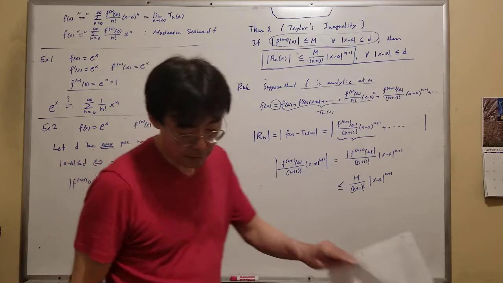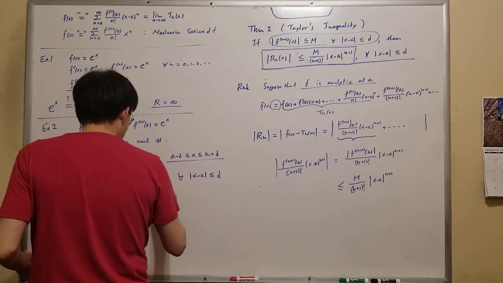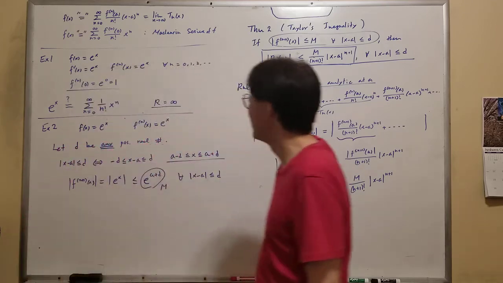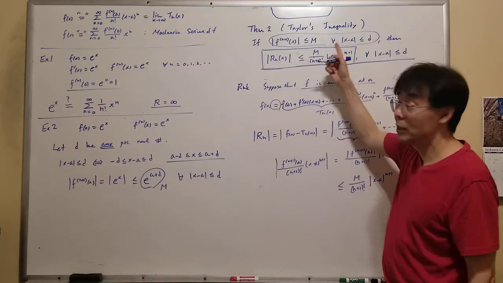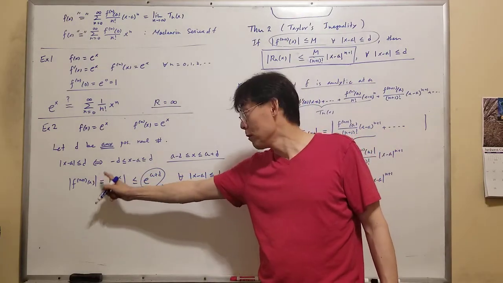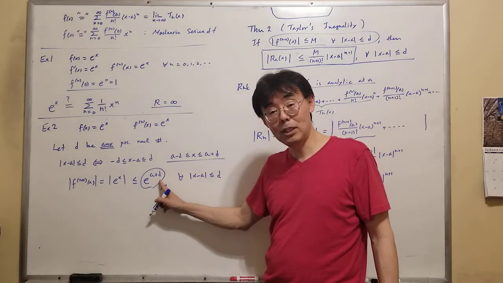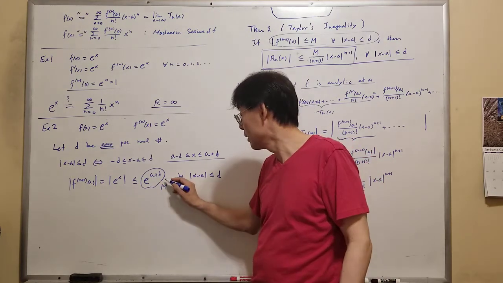So this is our capital M, right? For all x between a minus d and a plus d, the n plus first order derivative of this function e to the x is always less than or equal to this number, e to the a plus d.